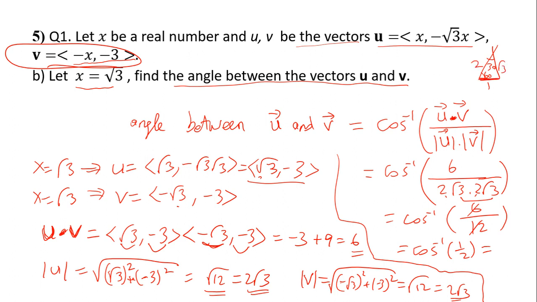And cosine 60 is adjacent divided by hypotenuse, that will be 1 over 2. So what we look for here is 60 degrees. So the angle between the two vectors is 60 degrees.